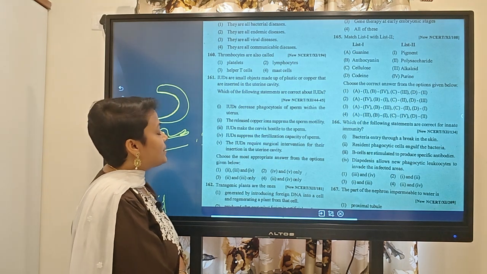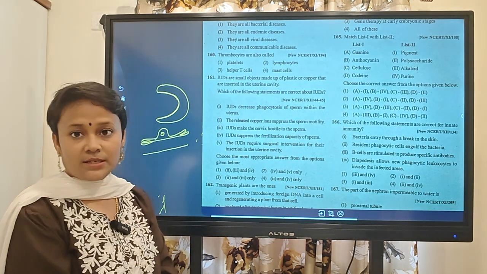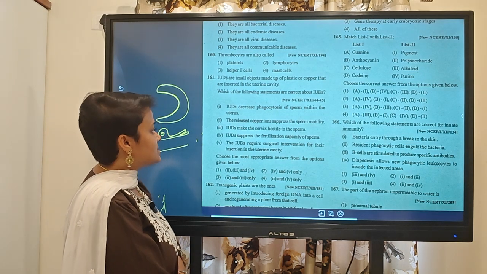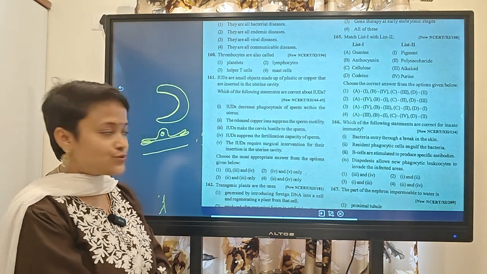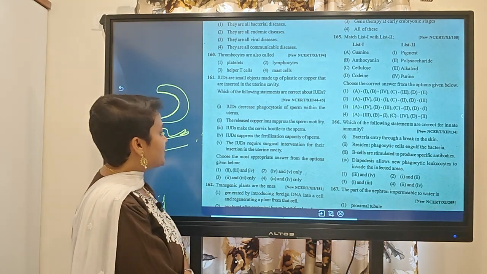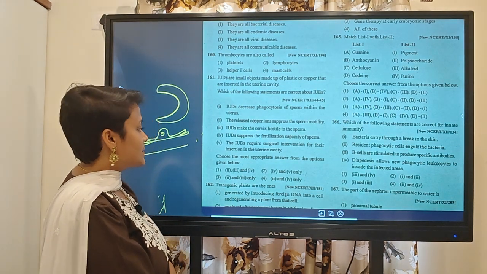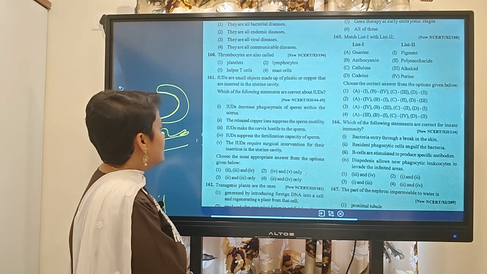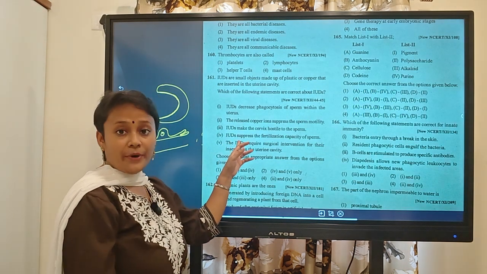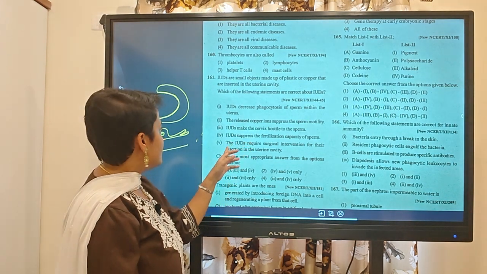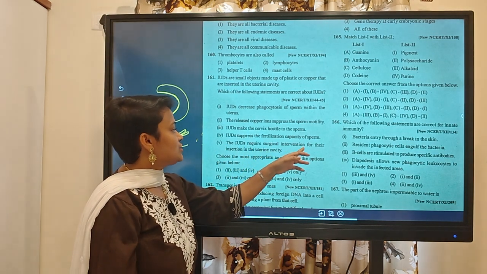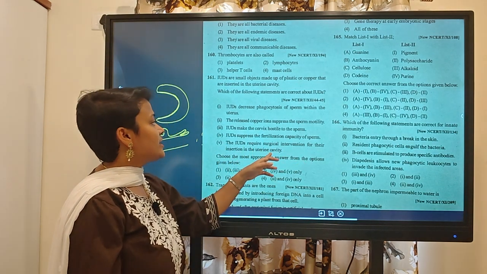The released copper ions suppress the sperm motility. Yes, it is true. IUDs make the cervix hostile to the sperm. Yes, it is true. IUDs suppress the fertilization capacity of sperm. Yes, it is true. Which IUDs? Copper releasing IUDs, right? Coming to the fifth one, the IUDs require surgical intervention for their insertion in the uterine cavity.